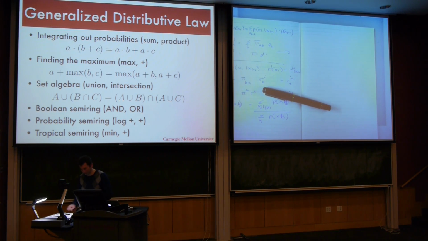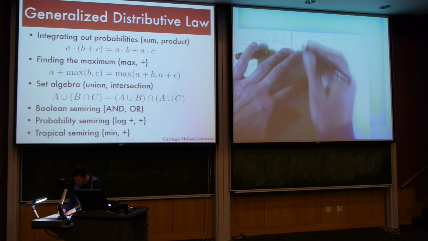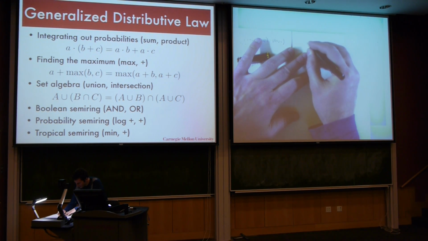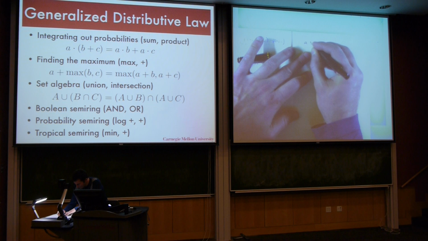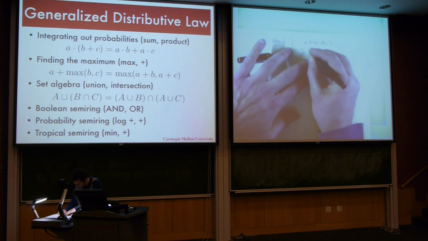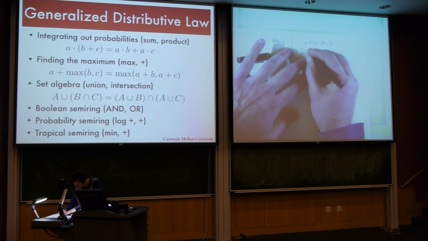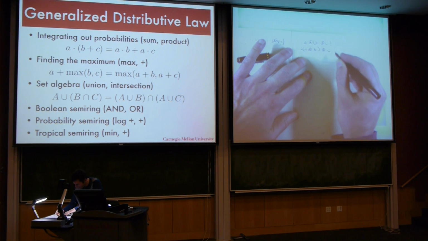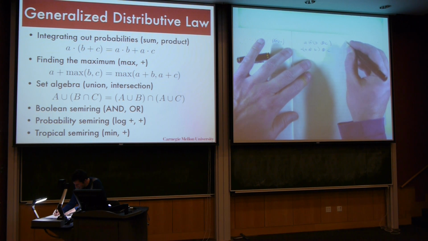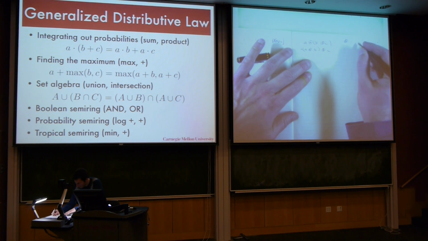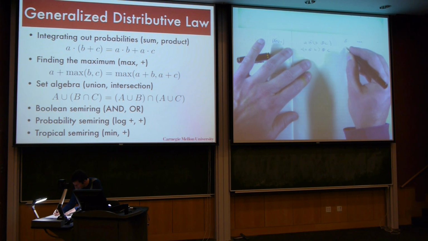Actually, let's just prove it for the second one. So I need to prove that A plus B plus C equals, and I'm just putting that circle around, which just means it's a general version of a plus, A plus B plus C. And I know that plus means max, and times means plus.